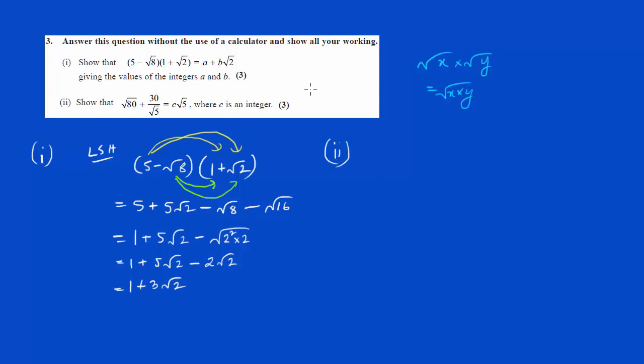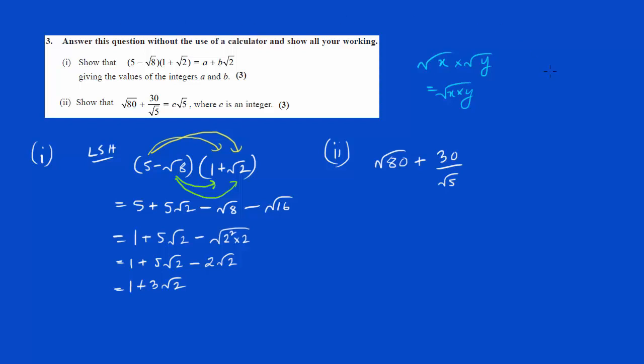Now show that square root of 80 plus 30 divided by square root of 5 is the same as c square root of 5. Now for this sum we have to rationalize. Now one way of rationalizing is to multiply the downstairs square root with upstairs.